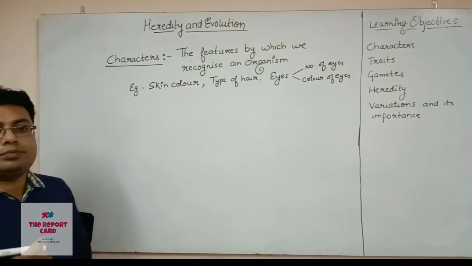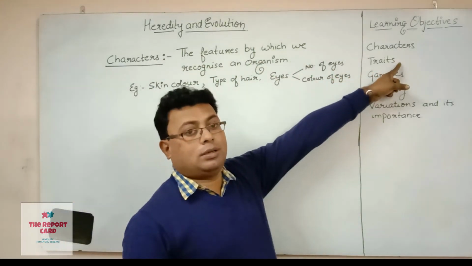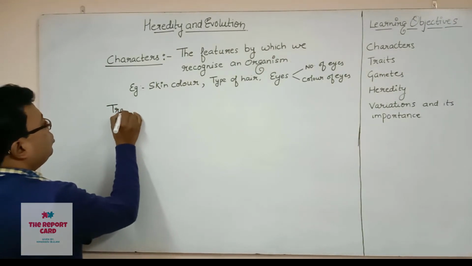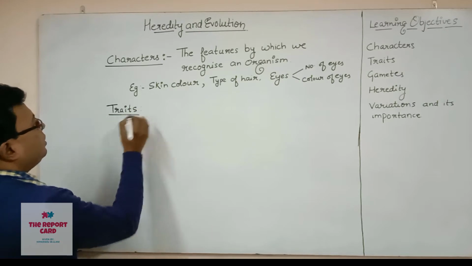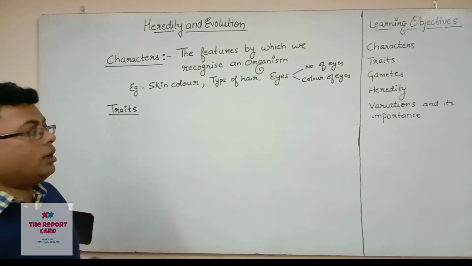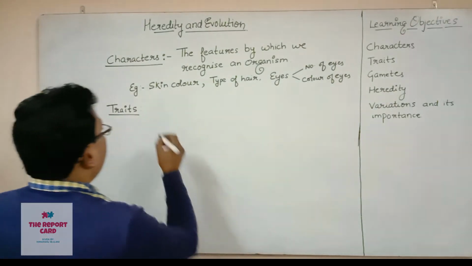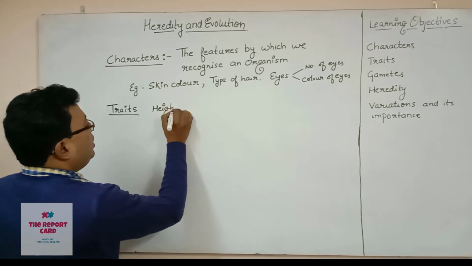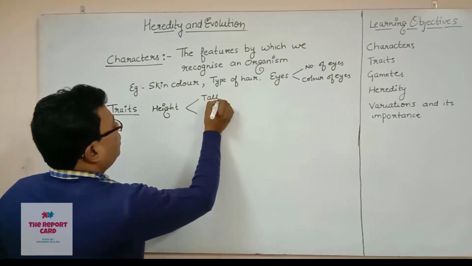Okay, fine. Now we come to this term traits. When we are talking about traits, actually traits are again characters only. But when I just say height, in height you have tall and you have short.